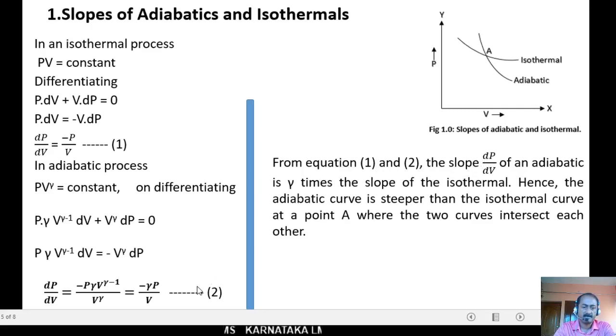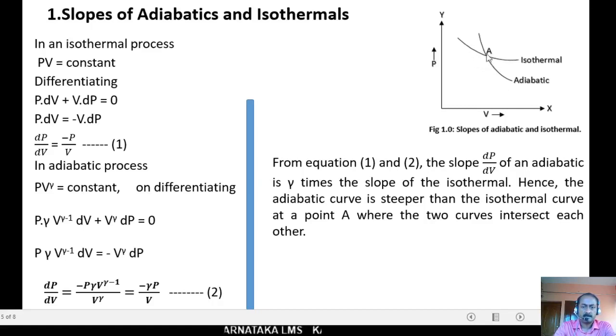From the PV diagram, this one is the adiabatic curve and this one is the isothermal curve. Isothermal is a slow process, adiabatic is a sudden process. These two curves intersect at the point A, hence the adiabatic curve is steeper than the isothermal curve.